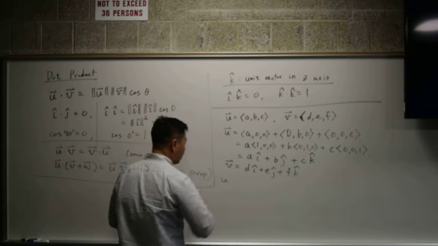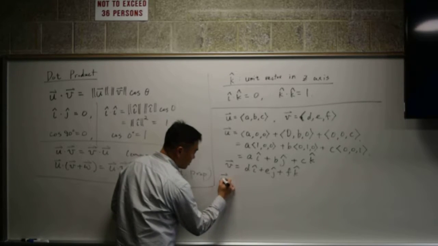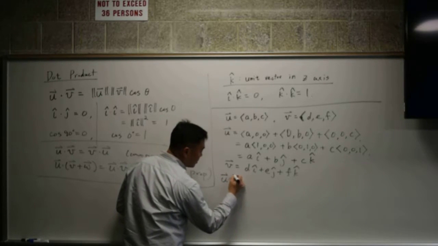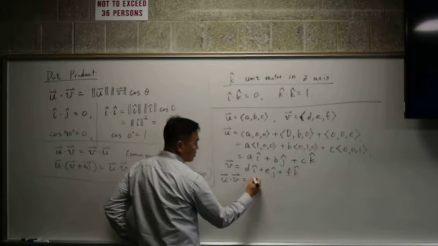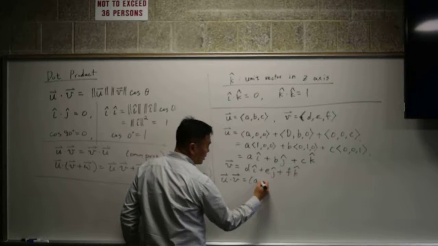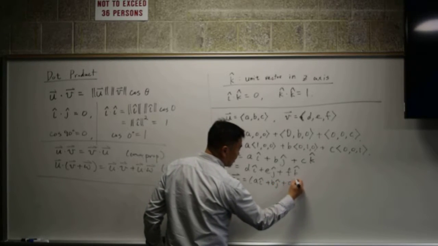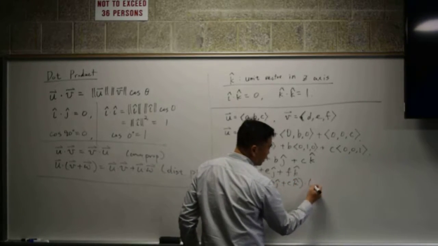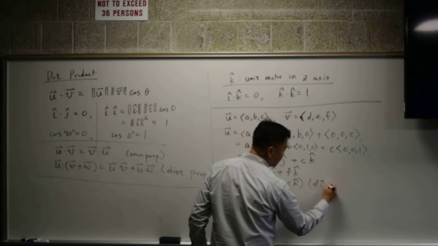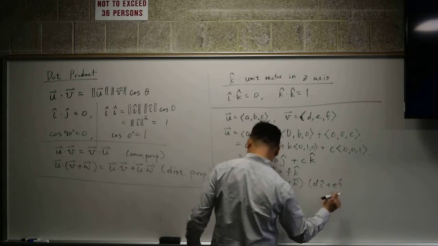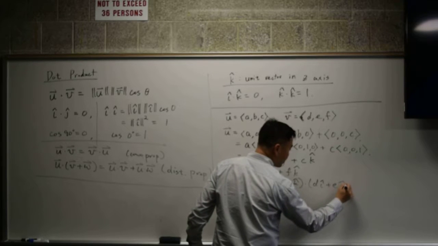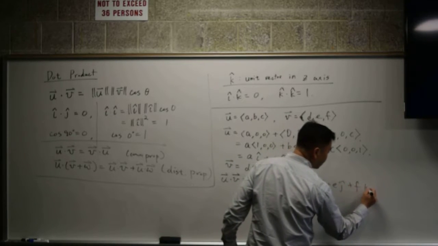That's not a unit vector, it's a vector. U dot V is like doing a dot product between A, B, C, dotted with D, E, F.